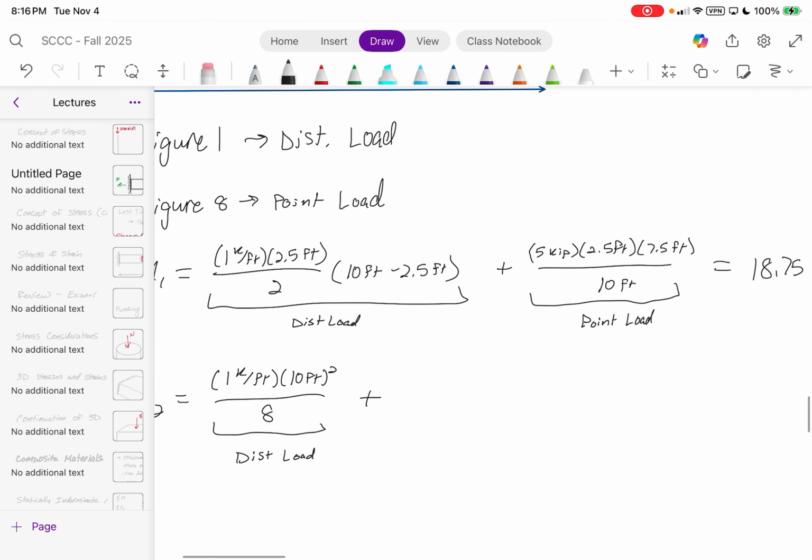Okay. So in that case, it looks like for this, you can still just plug in. So you would just replace B and A from the looks of it. So for this, it would be 5 kips. And then for B, you would need to replace that with your A value, which would be 2.5 feet. X would be 5 feet.